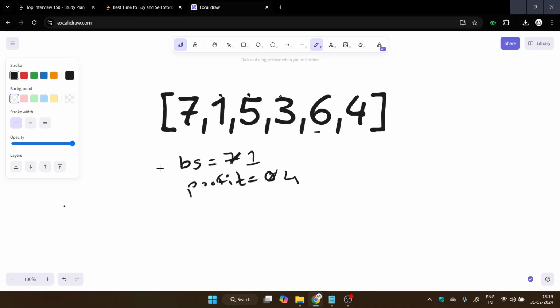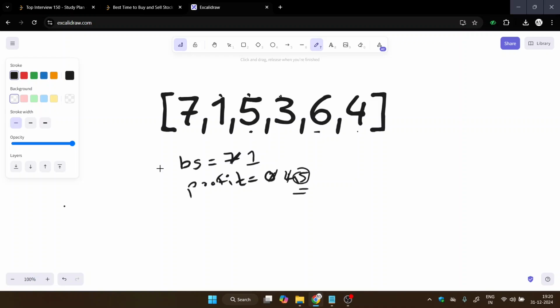Okay, so we will replace it with 5. So 6 minus 1 is 5, so the total profit is 5. Now compared to the next, which is the last day in the list, which is 4, we will get 3. 3 is less than the profit that we have mapped earlier, so it will be skipped. Hence we got a total profit of 5.